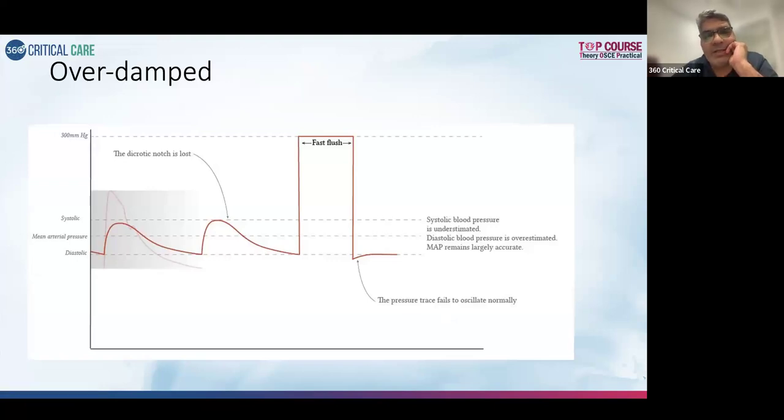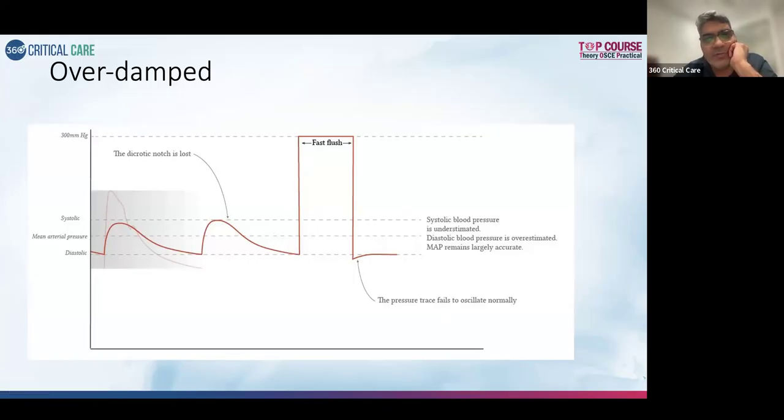Now, how to check it? We usually do a fast flush test where, depending on the resonance frequency of the circuit, the waveform should come to baseline within 2 strokes. If the baseline is not achieved within 2 strokes, that means it is underdamped.